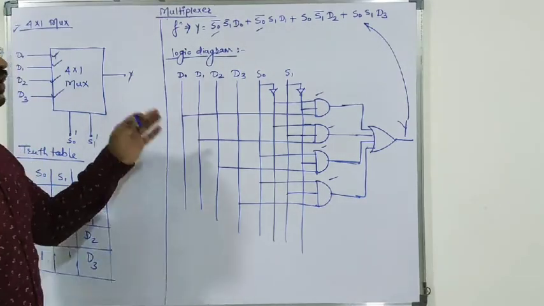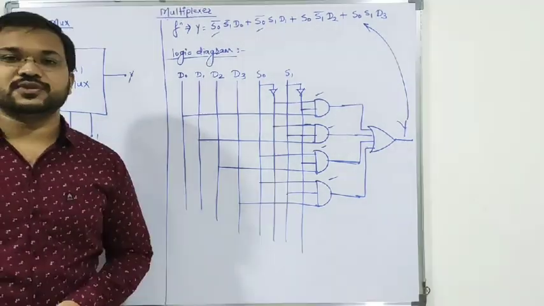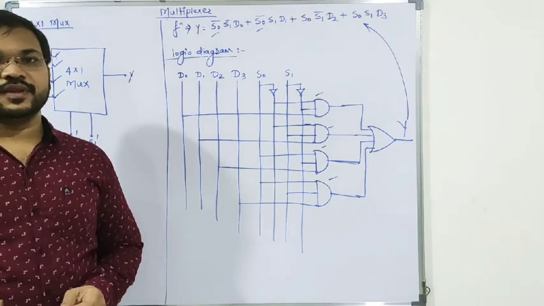So in this way we can draw the logic diagram for the 4:1 multiplexer.